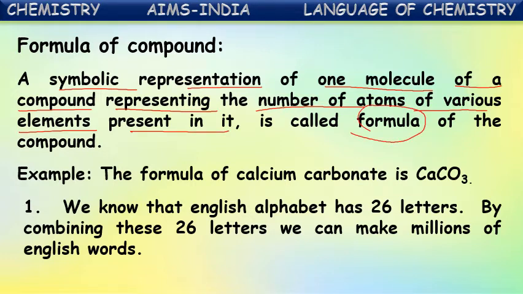Element means individually existing; compound means combination of elements. See here, for example, calcium carbonate. It is a compound because it is the combination of calcium, carbon and oxygen. So this is called a compound.